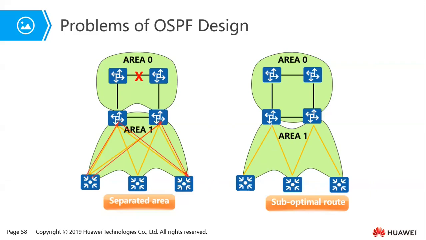So just one hop instead of going through two hops as we are having here. So that is a suboptimal route. As you design your logical topology, you should take into account such OSPF design considerations, so that you can avoid such problems.